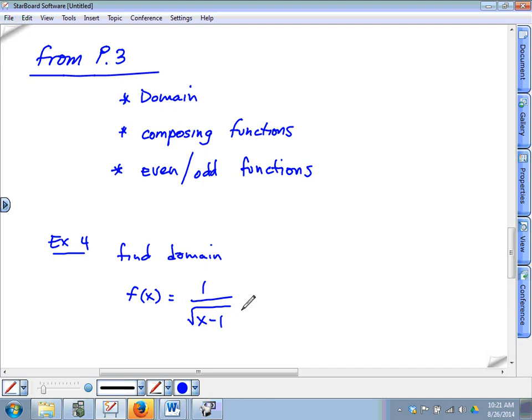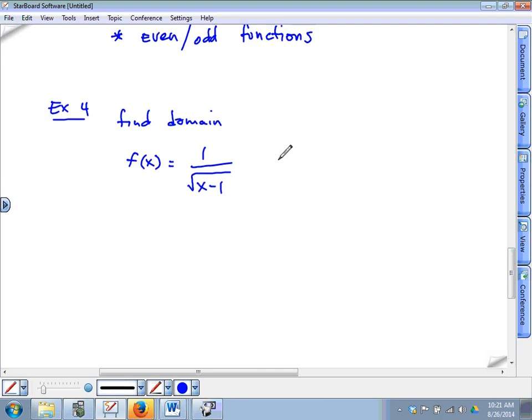So, what do you suggest? We could rearrange this. That would work. You're talking about rationalizing the denominator. We could if they wanted us to simplify this, but in terms of finding the domain, we don't necessarily need to. So let's not do that.